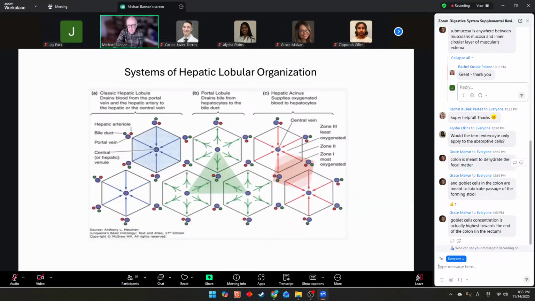And this scheme, if you look at the shape, is a diamond-shaped architecture in which the diamond crosses two adjacent classic hepatic lobules. Two of the corners, opposite corners, are occupied by a central vein or terminal hepatic venule, and the other two corners are occupied by portal triads.